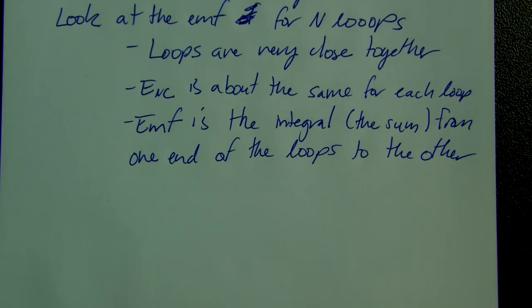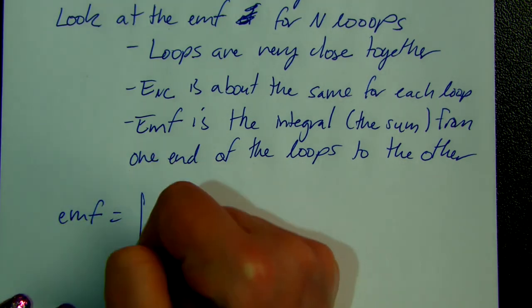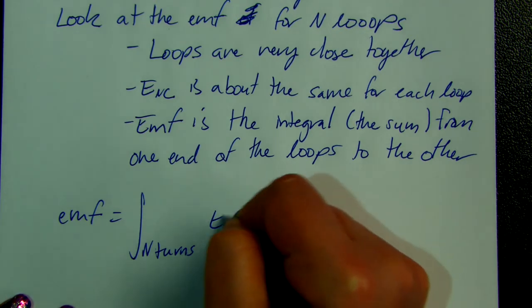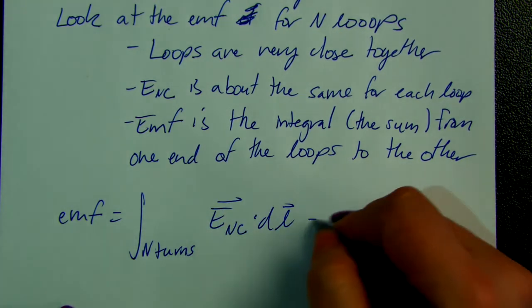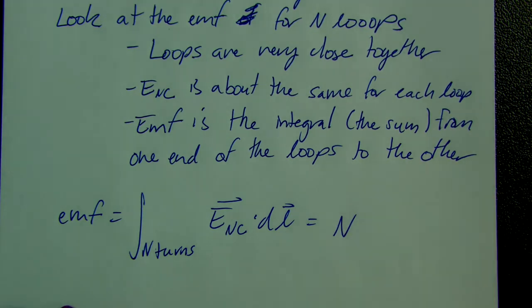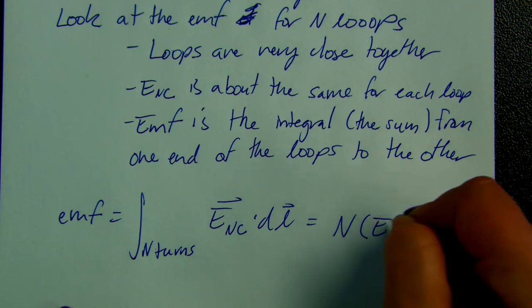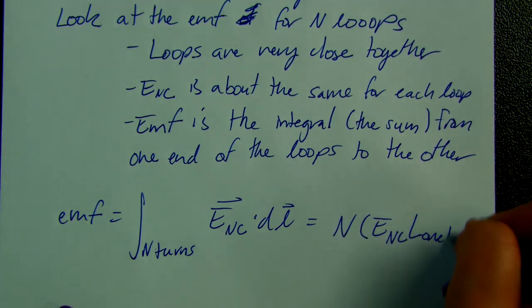So EMF is equal to the sum over the N terms of E_NC dot dl. Then you would just multiply this by a factor of the number of turns N, and you'd have E_NC of one turn.